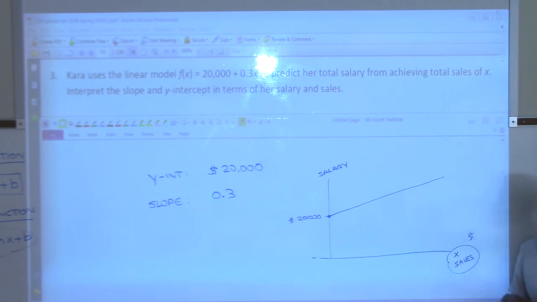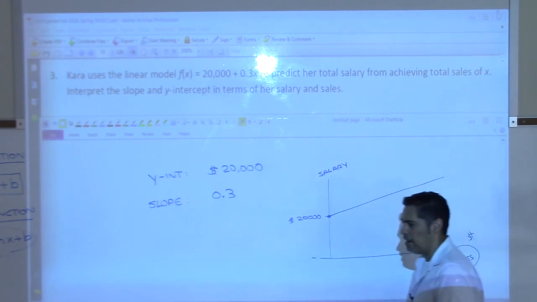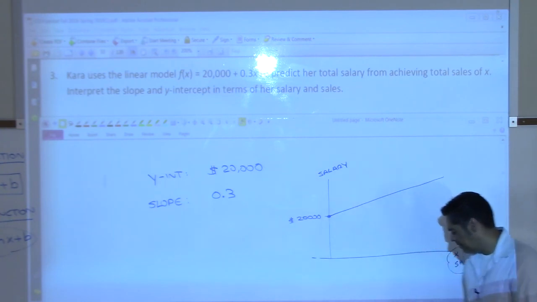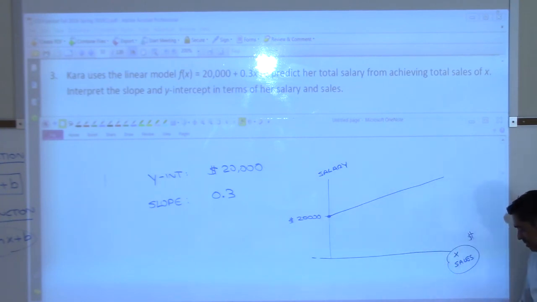She sells $100, she's going to make $30. So it all depends on what she's selling. If she's selling wooden sticks, she's not going to make a whole lot of money, unless she's selling it in bulk. If she's selling cars, that might be something different. All right, does this kind of make sense?